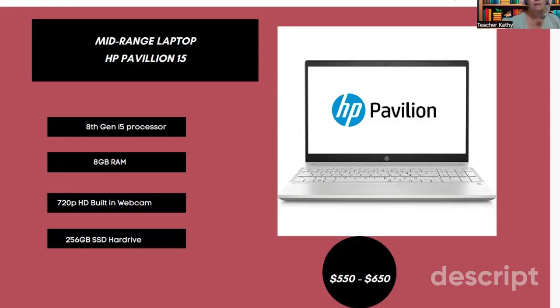It's got a 256 gigabyte SSD hard drive, so you've got enough storage space in this one as well. Plus, your webcam is sufficient to not have to have an external webcam. And this laptop you can pick up for about between $550 to about $650, which is not too bad for a middle of the range laptop.